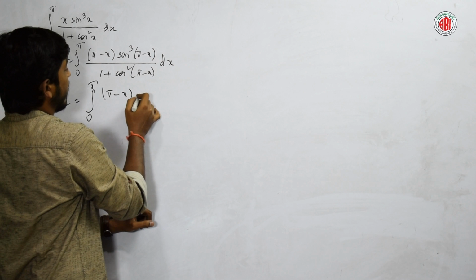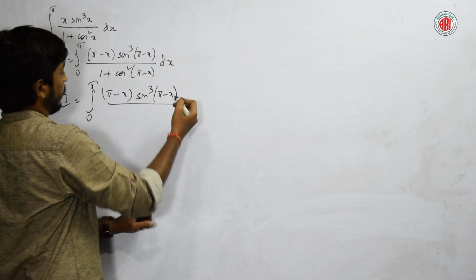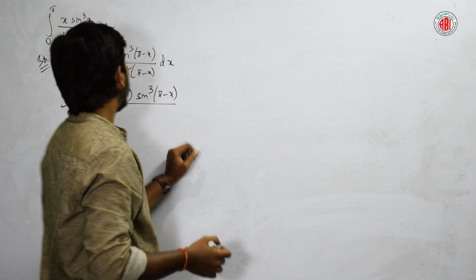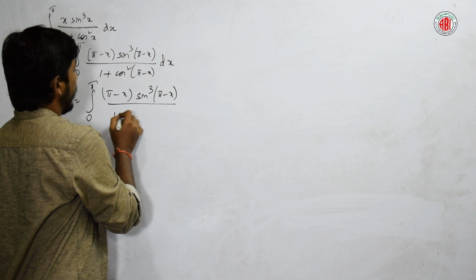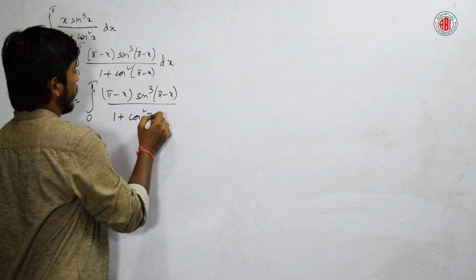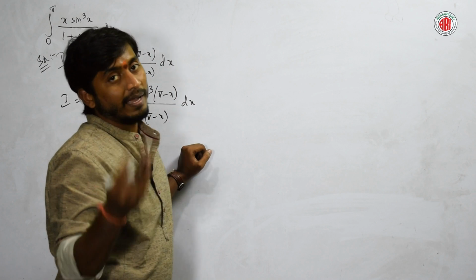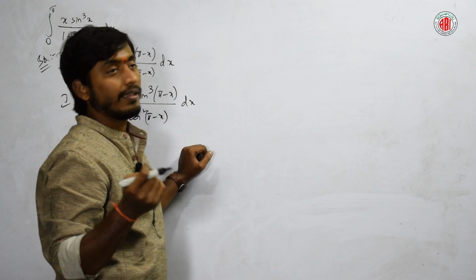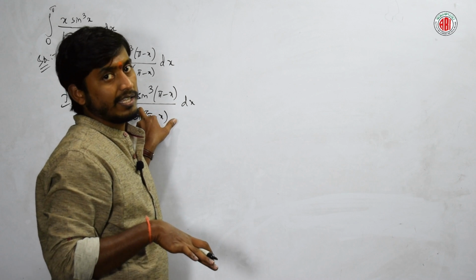What is sine of pi minus x? That is again sin cube x. What about 1 plus cos square (pi minus x)? Cos of (pi minus x) is minus cos x, but since it is squared we can write it as positive.